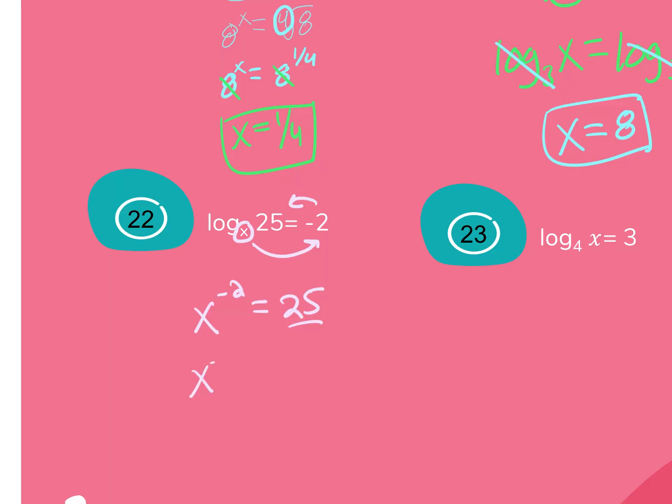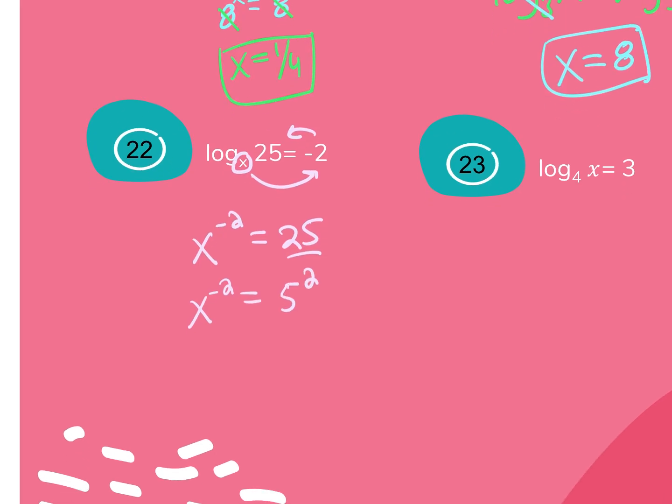So then I have x to the negative 2 equals, I know that this is the same as 5 to the positive 2. And then to make it a negative 2, all I have to do is bring it to the bottom. So then I get x to the negative 2 equals 1 over 5 to the negative 2. And because we moved it to the bottom, I know that right now the exponents match. X would have to equal 1/5, right? This whole thing right here.